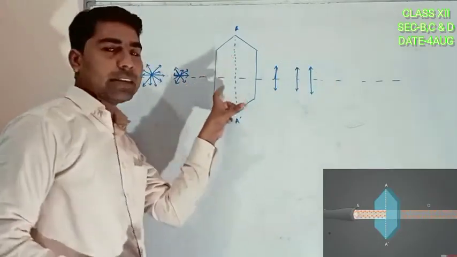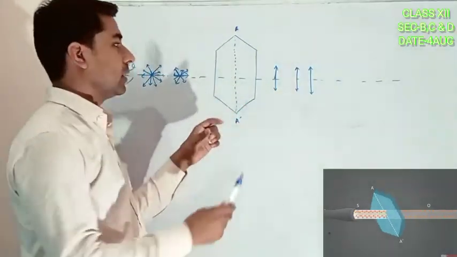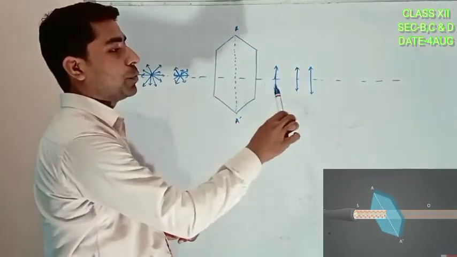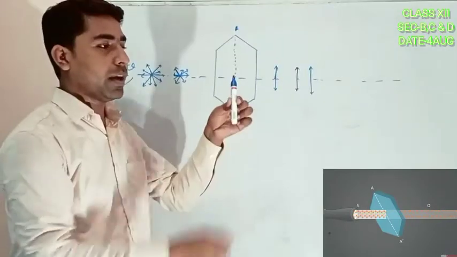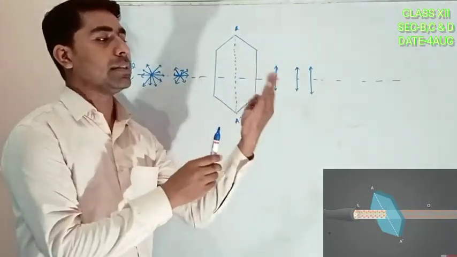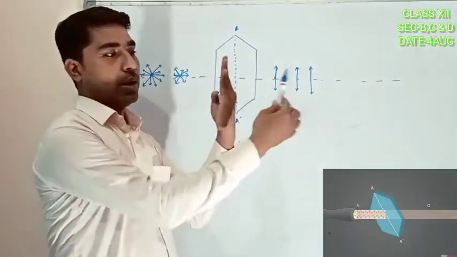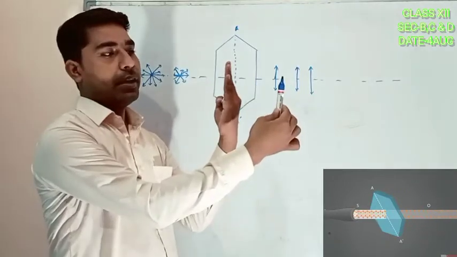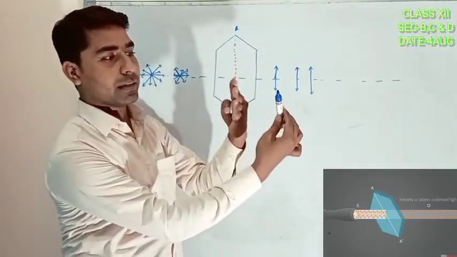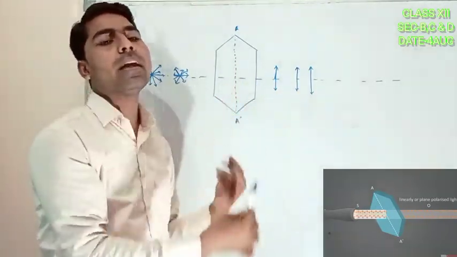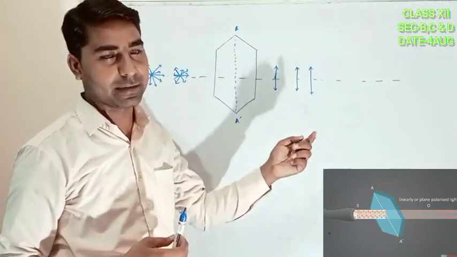If we rotate this one at any angle, in the same way the output, the emergent ray, will rotate. Suppose this is the polarizer and this is the emergent light. If I am rotating this polarizer, only this ray will be received at that end.